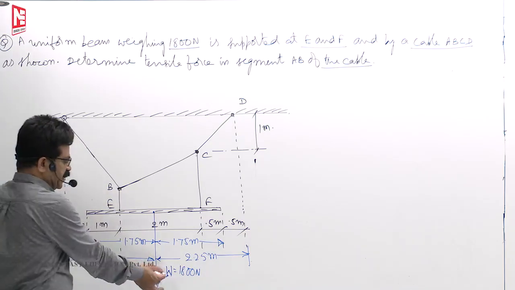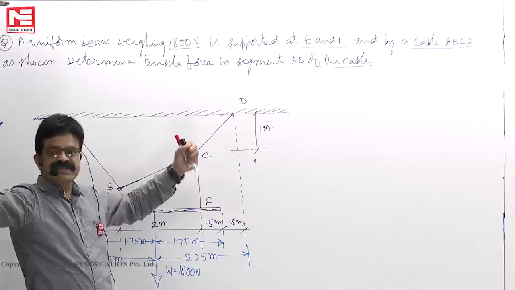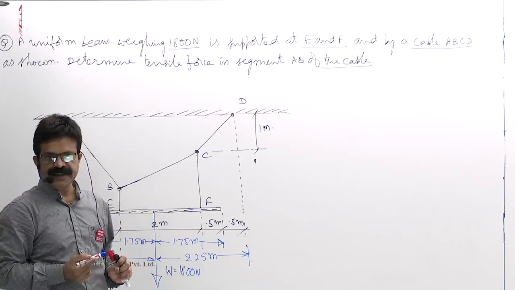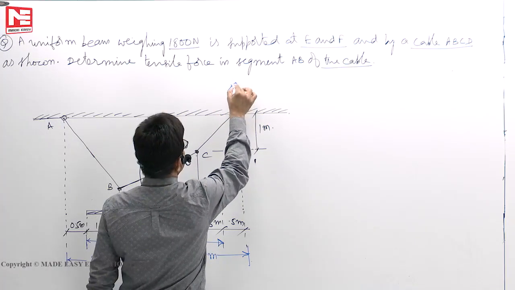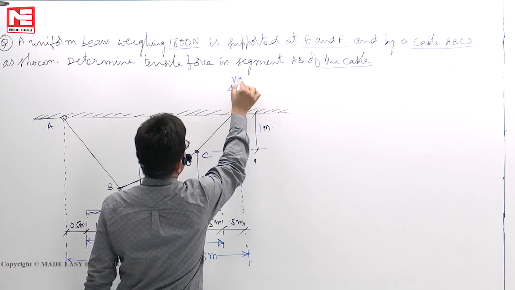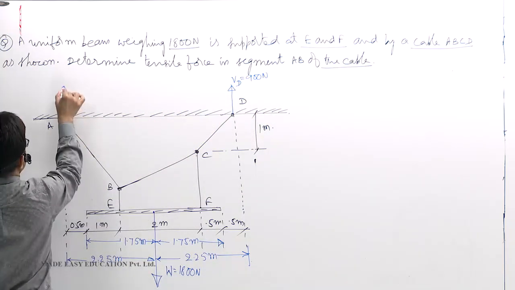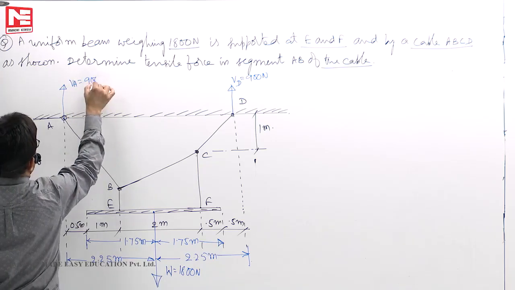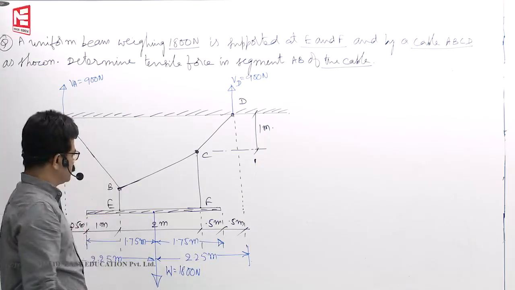Now you see 1800 Newton, at exactly the midpoint. You are pulling it with a force of 1800 Newton. That means here upward reaction we can find from that. VD, vertical reaction is 900 Newton, half here, half here. VA is also 900 Newton. So by inspection we can find that.